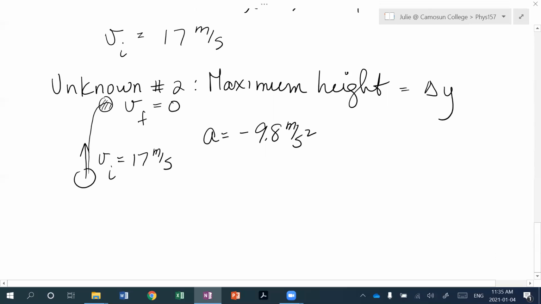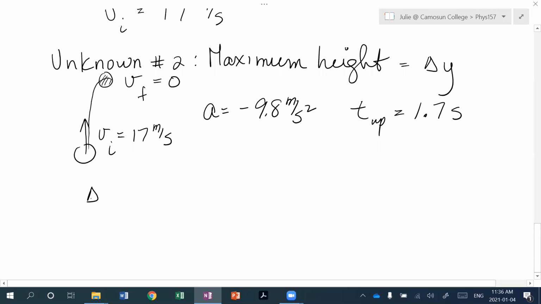Okay, so which one should we use? We also know T to go up is half of 3.4, 1.7 seconds. So now we've got lots of options for equations because we know everything but one. So what's the easiest equation to use here?